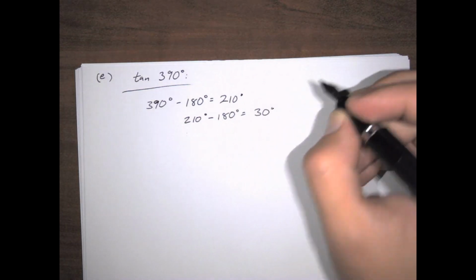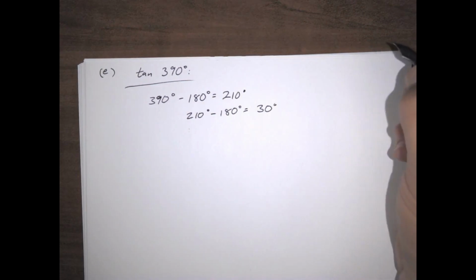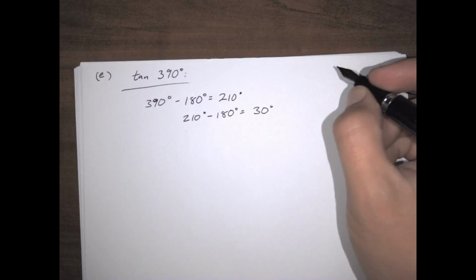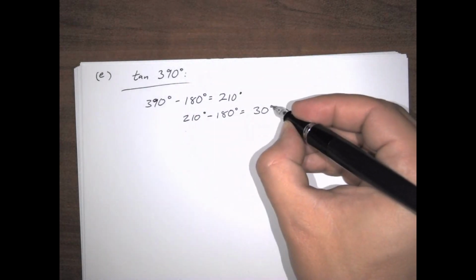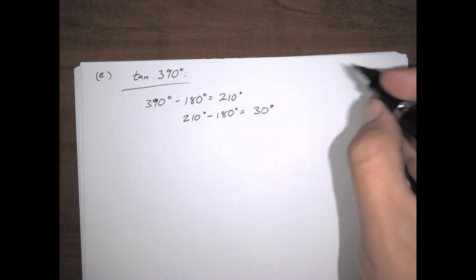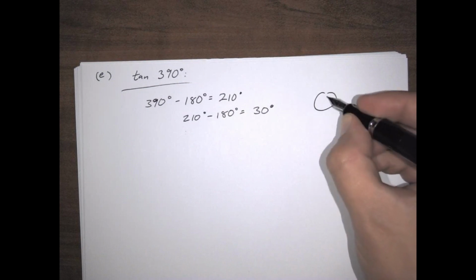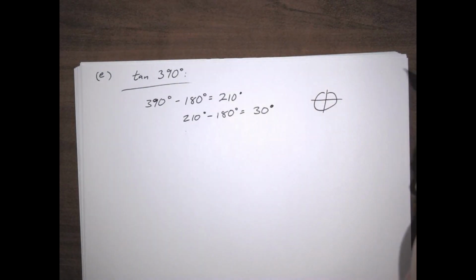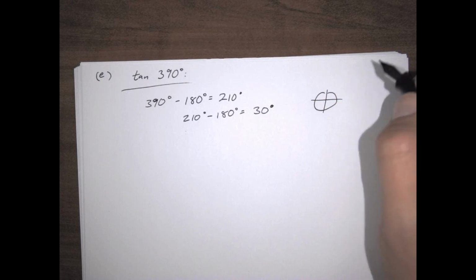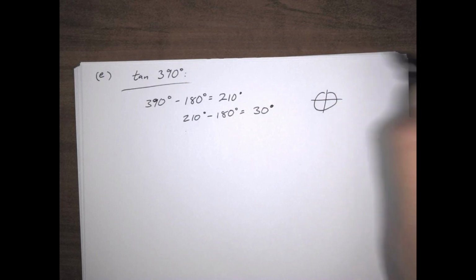Our old bread and butter, 30 degrees. 30, 60, 45, these are our main angles that we're going to be focusing most of our attention on. And again, remember, tangent and cotangent have a period of 180. So that's an important fact when it comes to crunching the numbers on them.